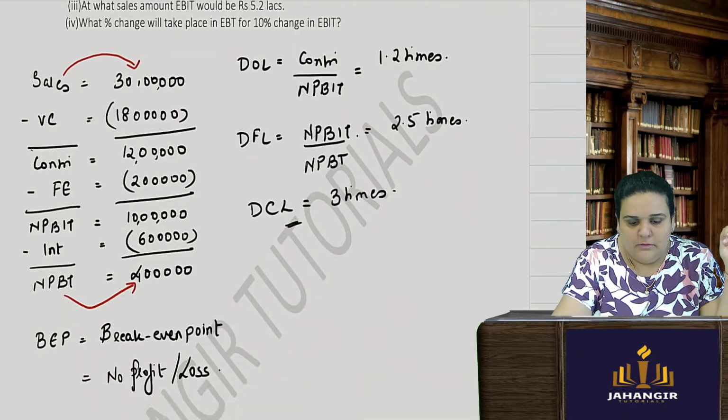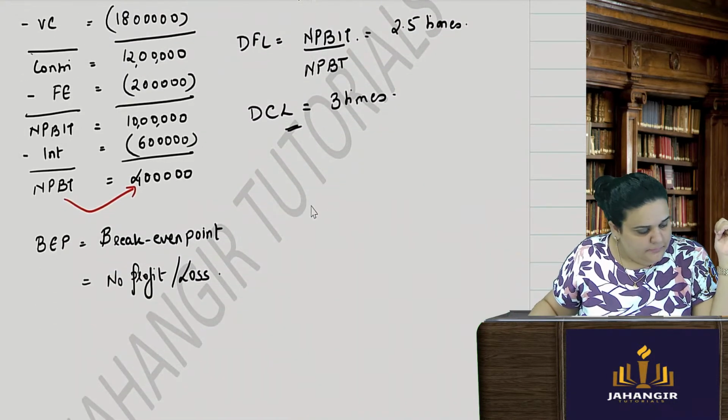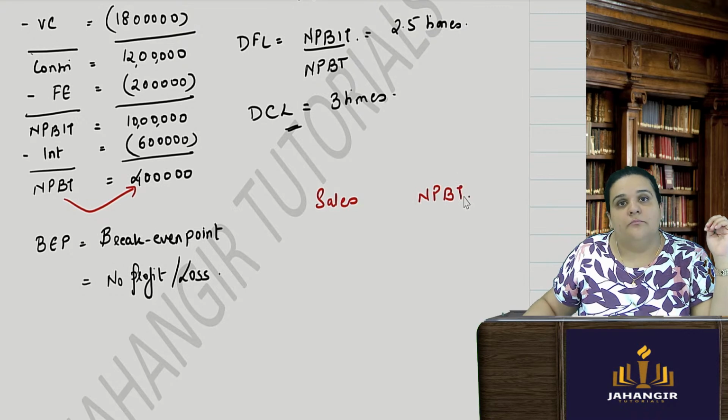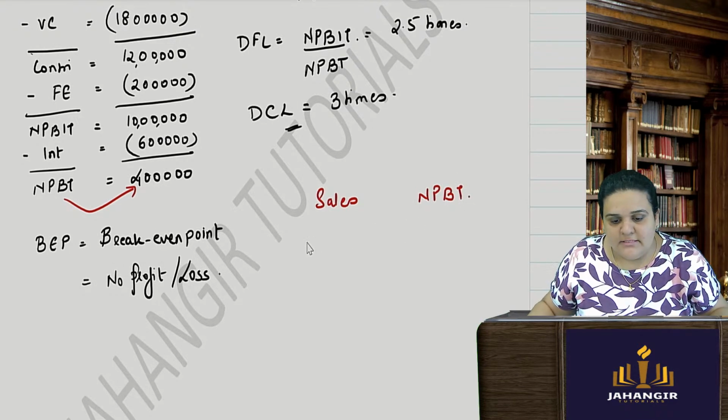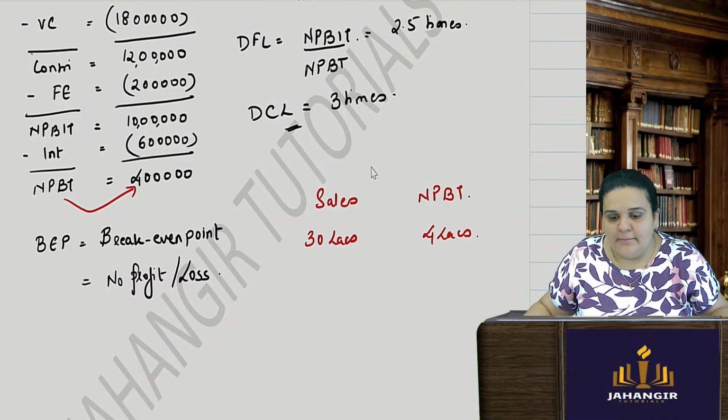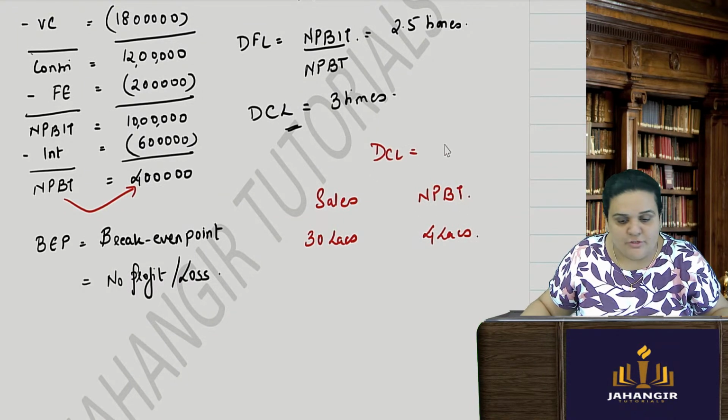Okay, fine. So say sales and NPBT. When my sales was 30 lakhs, my NPBT was 4 lakhs. Between sales and NPBT, I am going to use my degree of combined leverage, which is 3 times.